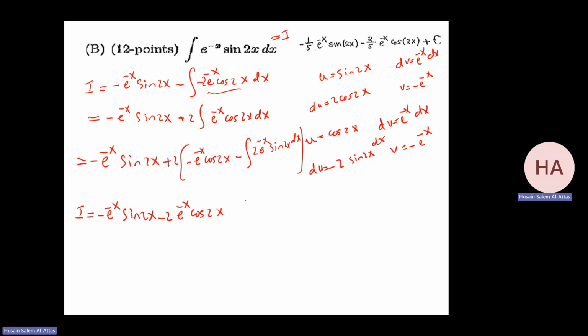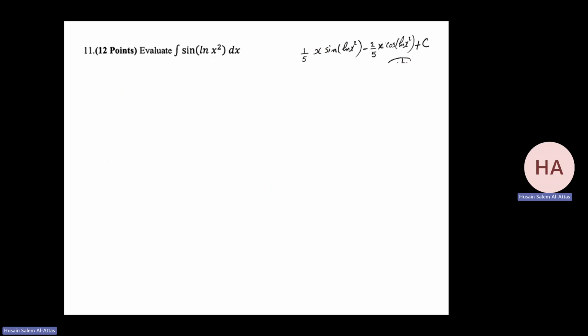Yeah, it's minus 2 times 2, minus 4I. So I have 5I, plus c here. So it will be minus 1 over 5 e^(-x) sine 2x minus 2 over 5 e^(-x) cosine 2x plus c, which is this.